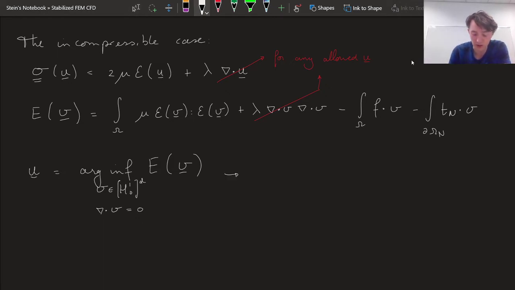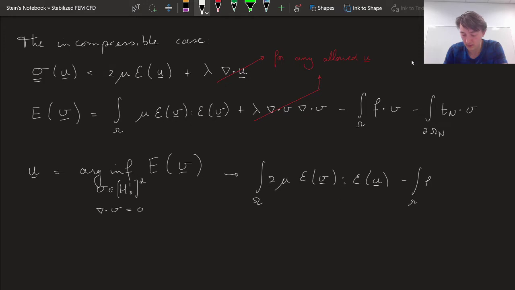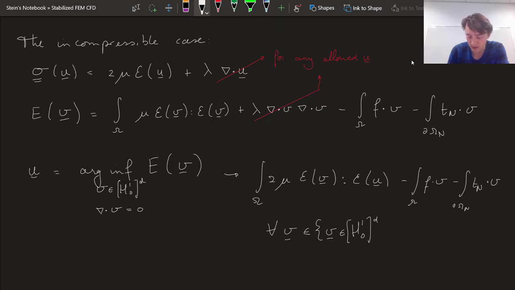This would immediately give us the weak statement that the twice mu times epsilon V, epsilon U, and minus FV minus partial n Tn dot V, that's going to be equal to 0 for all functions V, but not all functions V in H1 0, but rather all functions V in the space of functions in H1 0 D such that the divergence of V is equal to 0, right?